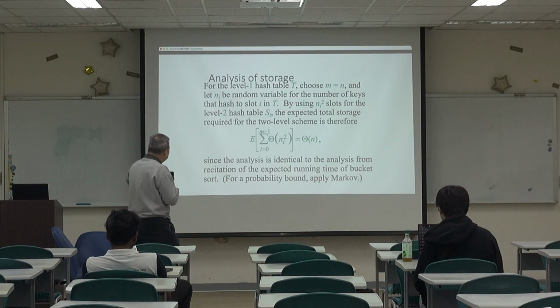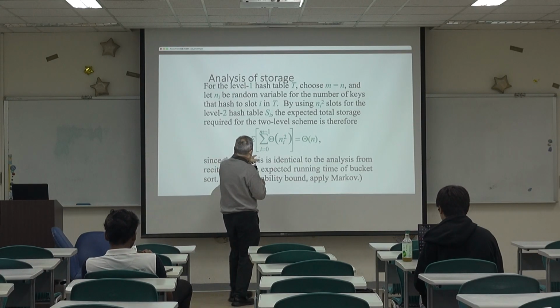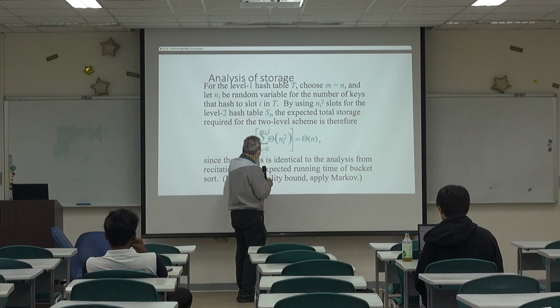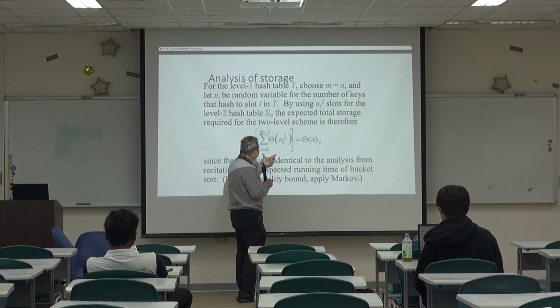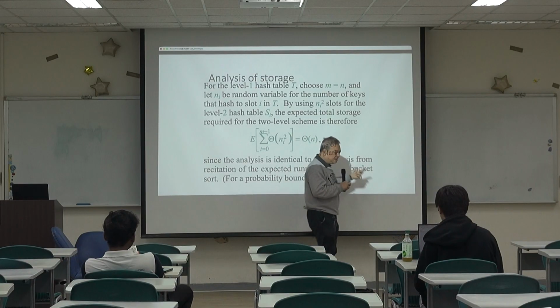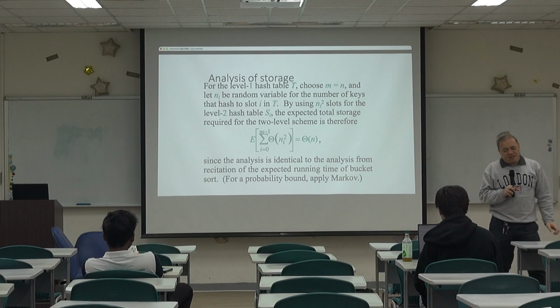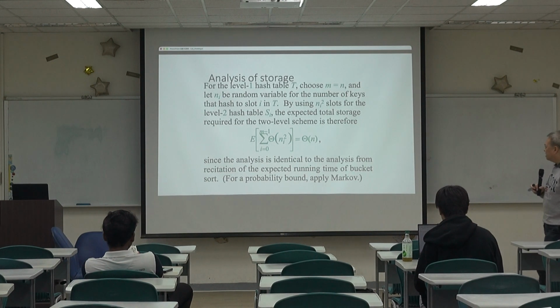So the total is the sum of Ni squared. And we need to show that the expected size of this is bounded by theta N. That is what we need to prove.